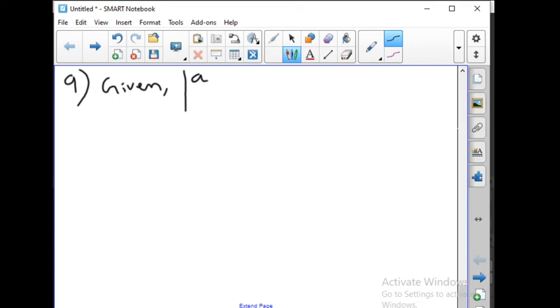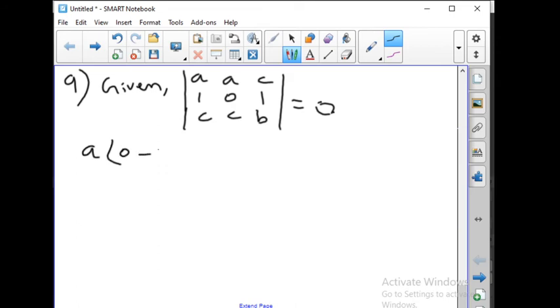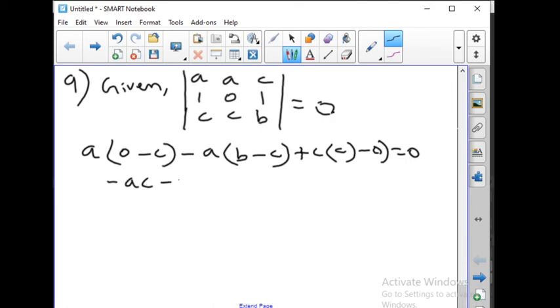So, write the coefficients: a, c, 0; 1, 0, 1; c, b... is equal to 0. So, expand this now. a into (0 minus c) minus a into (b minus c) plus c into (c minus 0) is equal to 0. So, we get minus ac minus ab plus ac plus c square is equal to 0.